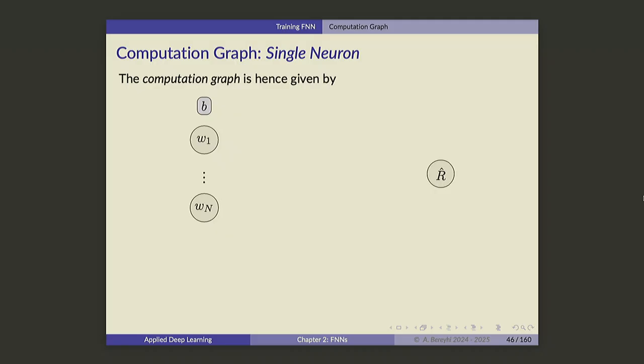Now, how do I compute the output, which is the function I want to take the derivative of? It means the loss. How do I compute the loss for a given set of weights and bias? How do I do that? Of course, I'm going to first compute z, right? I'm going to get all the x's, all the input, multiply them with the corresponding weights, add them to the bias.